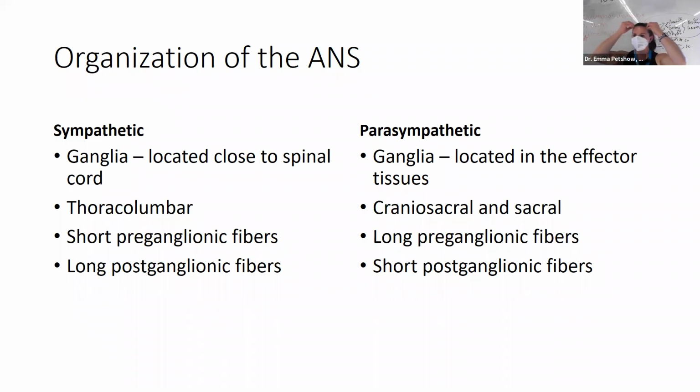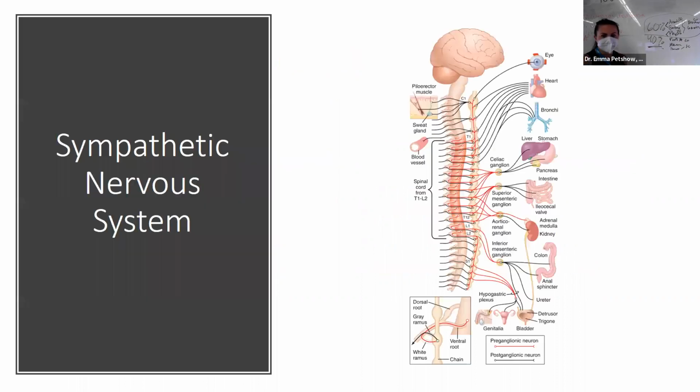So it's one that you just got to stick in your brain and remember. For parasympathetic, you're going to have then long preganglionic fibers. So from the cervical to the sacral neuron bodies, you're going to have a long preganglionic fiber, ganglia, and a short postganglionic fiber.